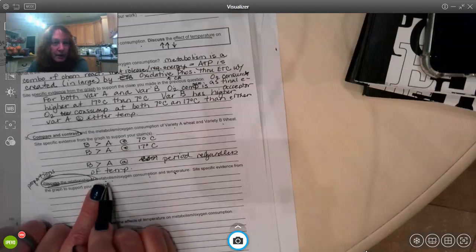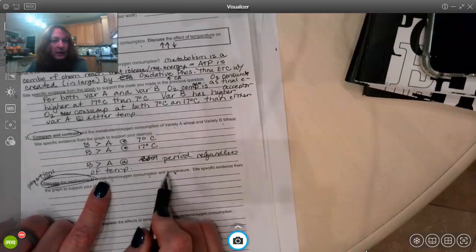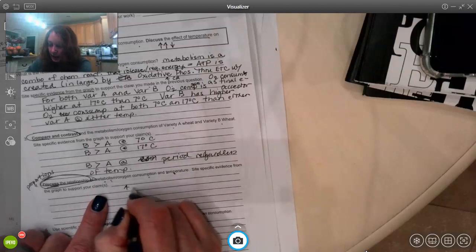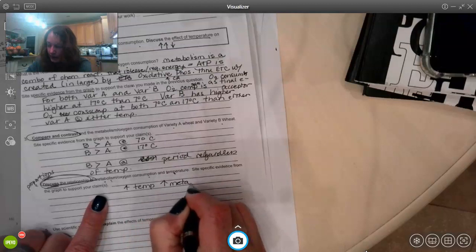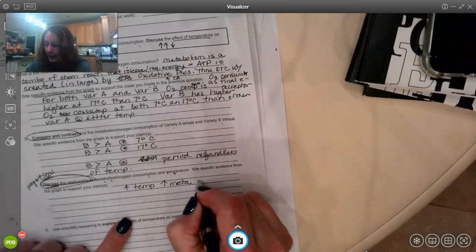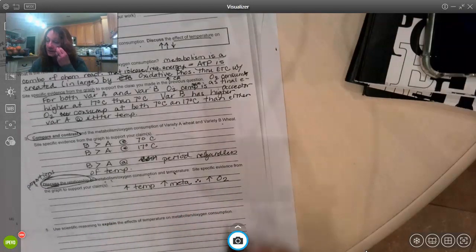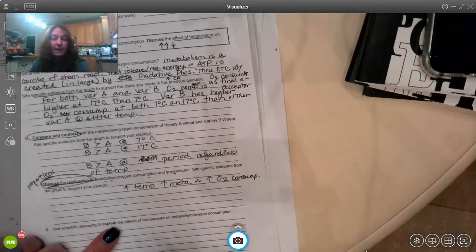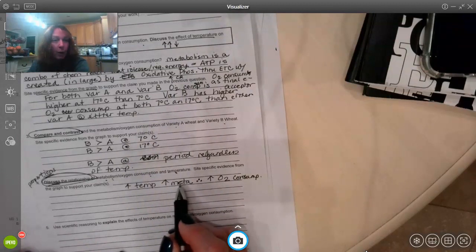The converse is not true. You cannot state as metabolism increases, temperature increases. So I'm going to put as temperature increases, you'll have an increase in metabolic rate, which means that you'll have an increase in oxygen consumption, because that's the way that you're measuring the energy requirements that come from metabolic rate.